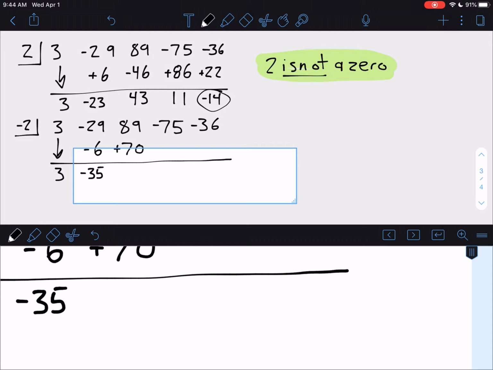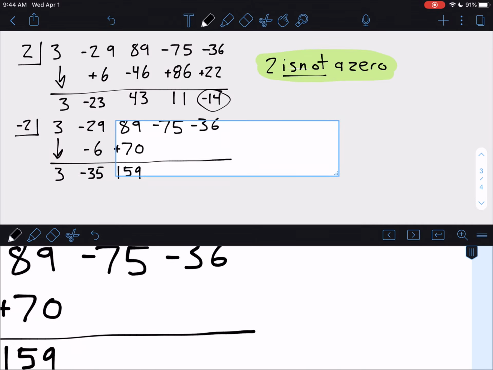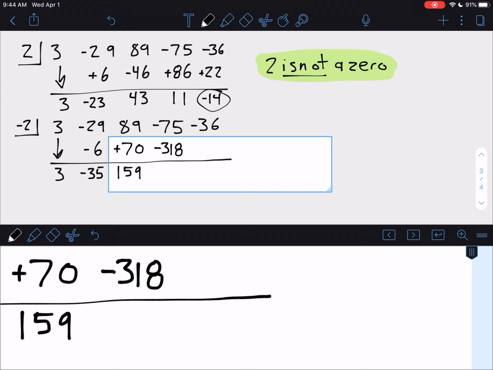89 plus 70 is 159. Negative 2 times 159. Gotta get out my calculator for this one. So negative 2 times 159 is going to be negative 318. Negative 75 minus 318 is going to be negative 393.